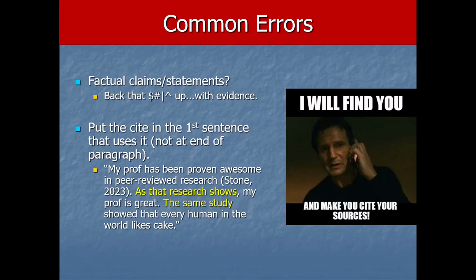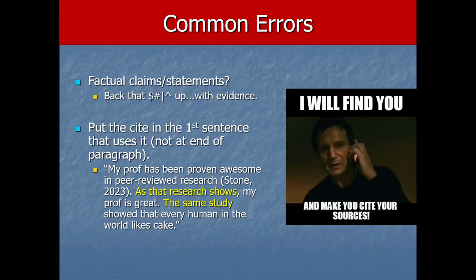And if you cite it in one sentence, and then the following sentences are kind of ambiguous, where it's unclear if you're still referring to that first source, or you've moved on to your own ideas, then try to use clearer wording. Like I highlighted here how you might phrase things. The same study showed that blah, blah, blah.